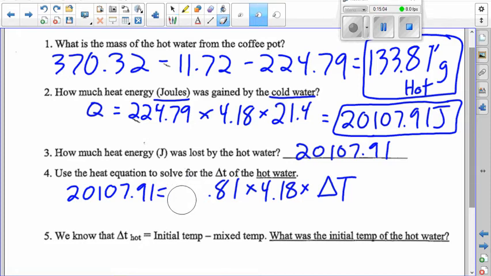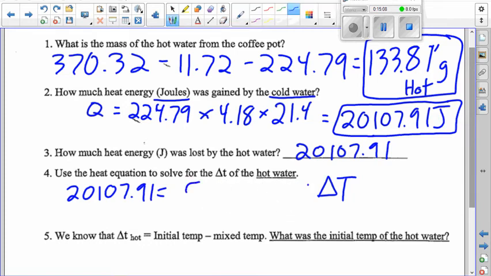To clean this up, that is 559.33. What do I need to do to both sides, Mr. Williams, to get this delta T by itself? Divide. Yep. So I have to divide both sides by the 559.33.